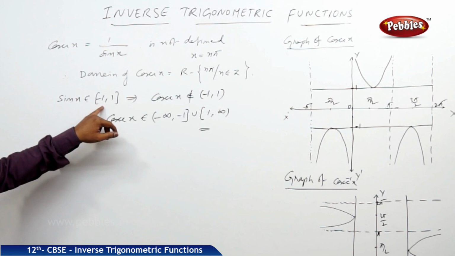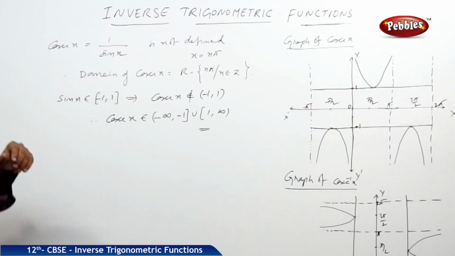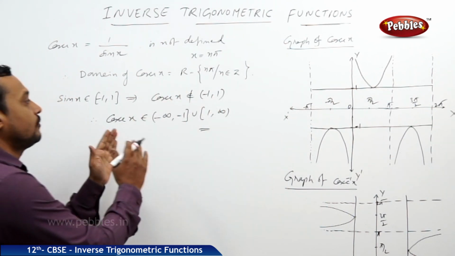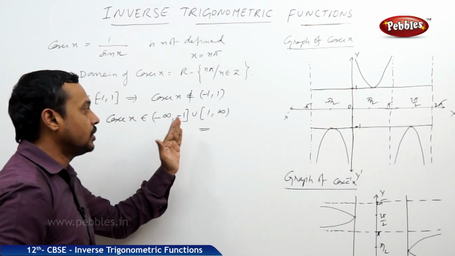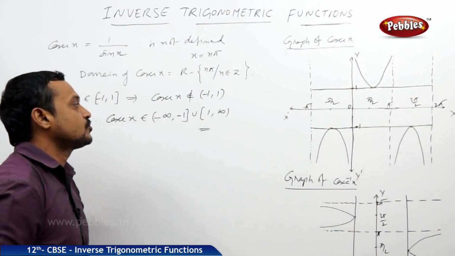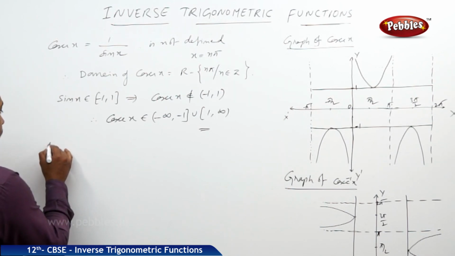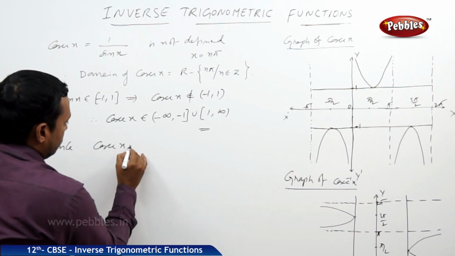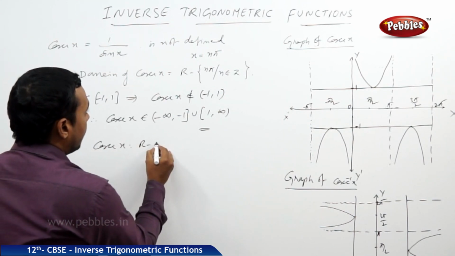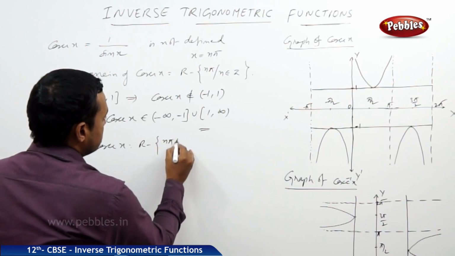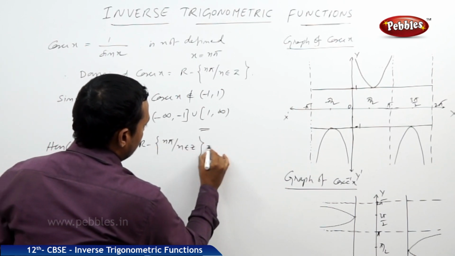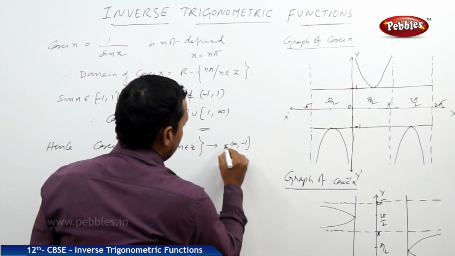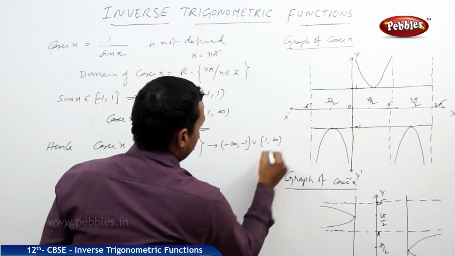So since sin x lies between minus 1 to 1, while taking reciprocals they do not lie in the same interval, so definitely they belong to the interval minus infinity to minus 1 closed union 1 closed to infinity. Hence cosecant x has the domain R minus n pi such that n belongs to Z, and range minus infinity to minus 1 union 1 to infinity.